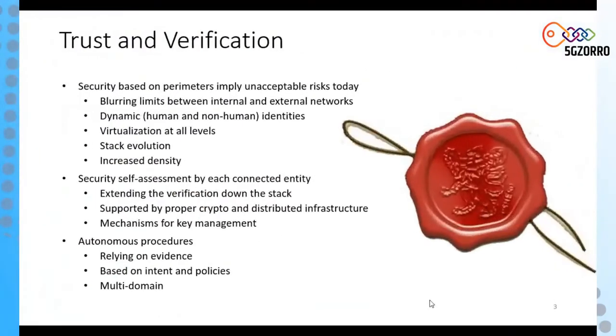The other aspect that we have been looking at inside 5GZORRO, and is connected with trust, is how you establish trust by verification, how you can rely on the elements that you have there for verifying how much you can trust, or assess the level of security that you can put on a particular service.